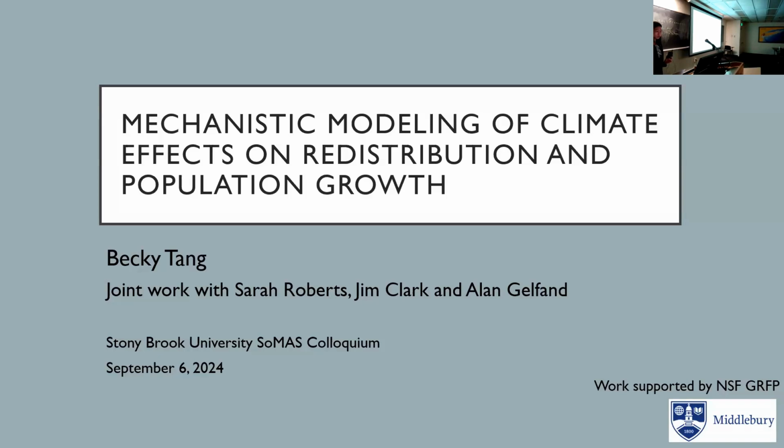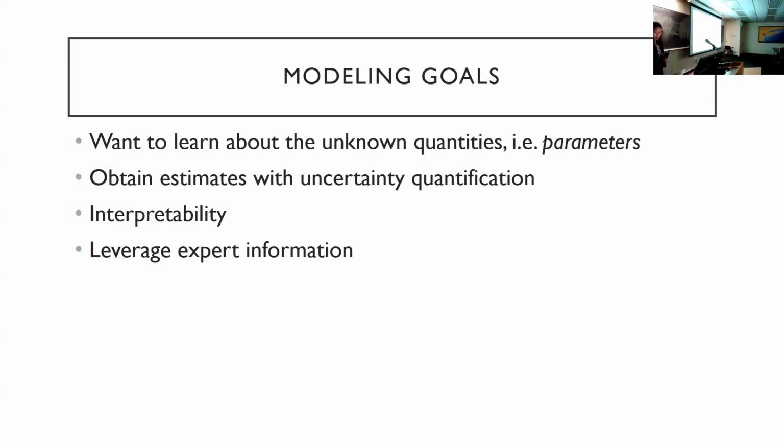Okay, so I am a Bayesian statistician. For those of you who don't know, maybe you'll get to see some Bayesian stats as you progress through your graduate career. I'll talk a little bit about that. But as a statistician in general, a lot of what we do is modeling.